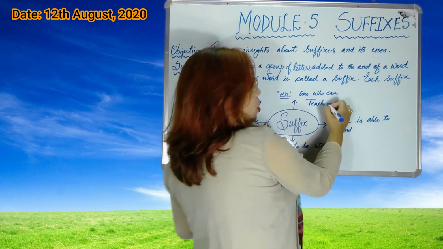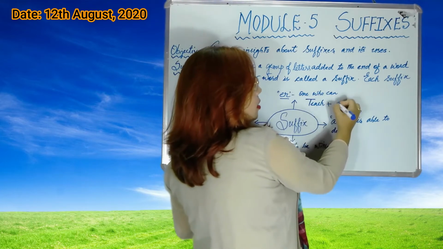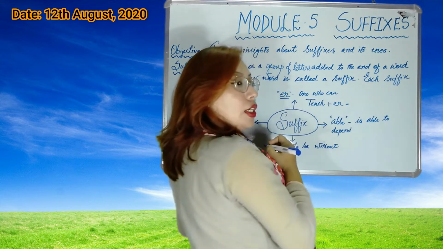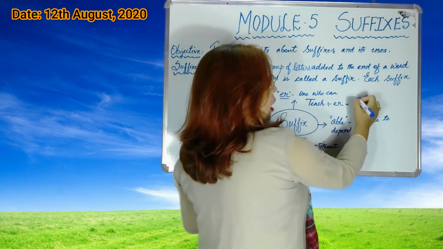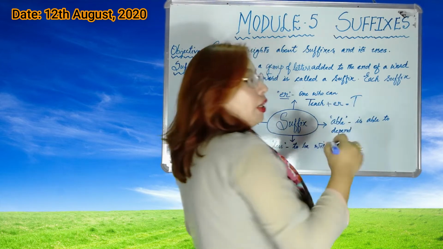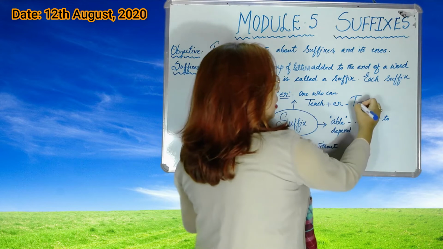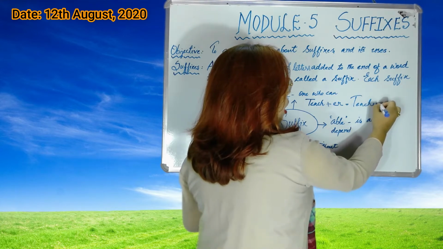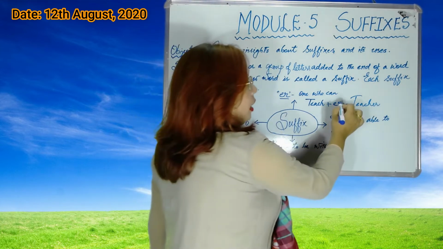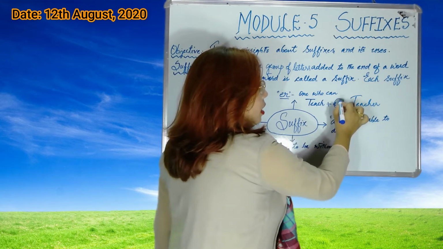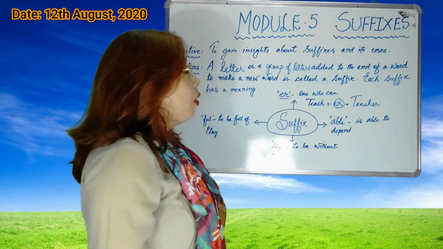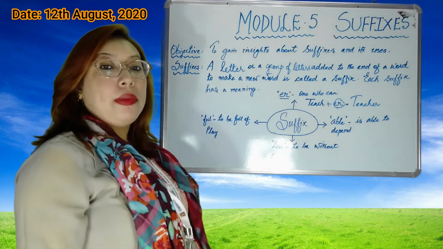And if I add the suffix, then what would it be, students? Yes, you are correct. It forms a new word with a different meaning. What is it? Teacher. So this is a suffix. Now let us see another example.